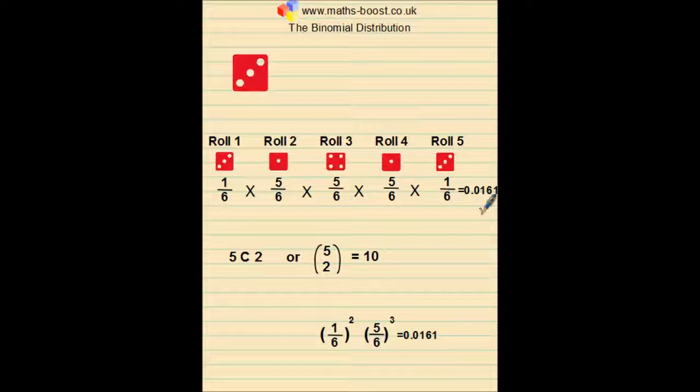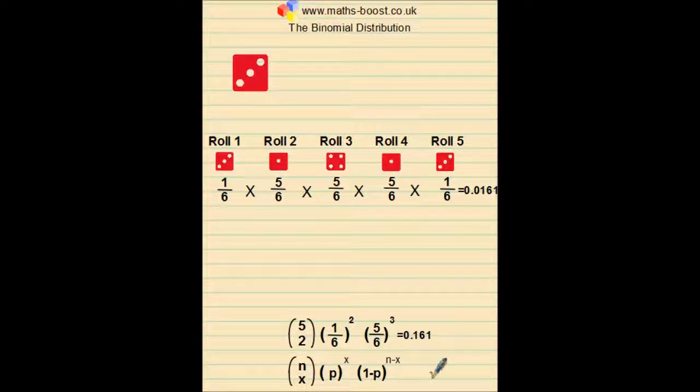I'll finish by adding the notation for combinations to my compact formula below and compare it to the textbook formula. You can see how this formula works. This is the probability of success raised to the power of the number of successes I've specified, 2.